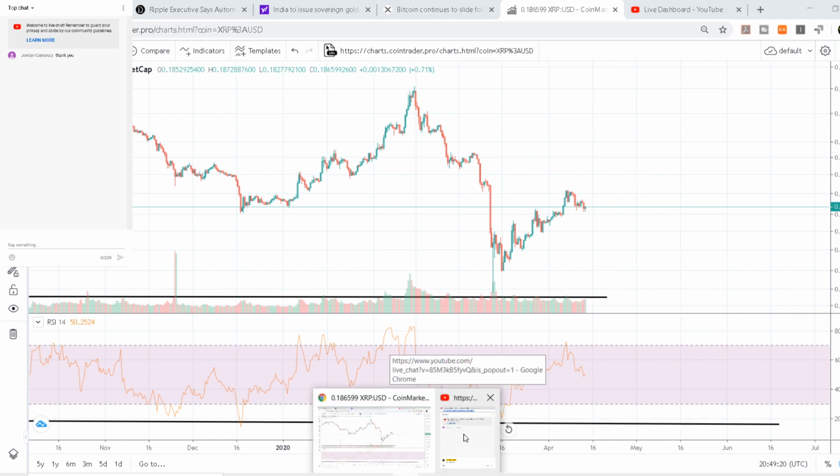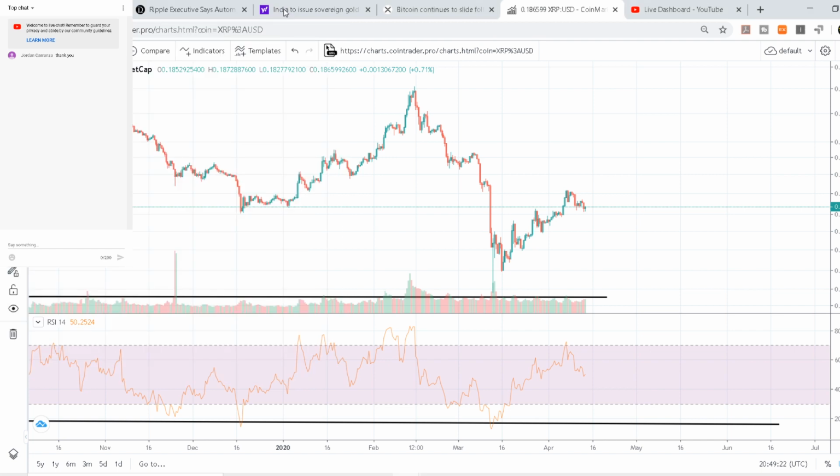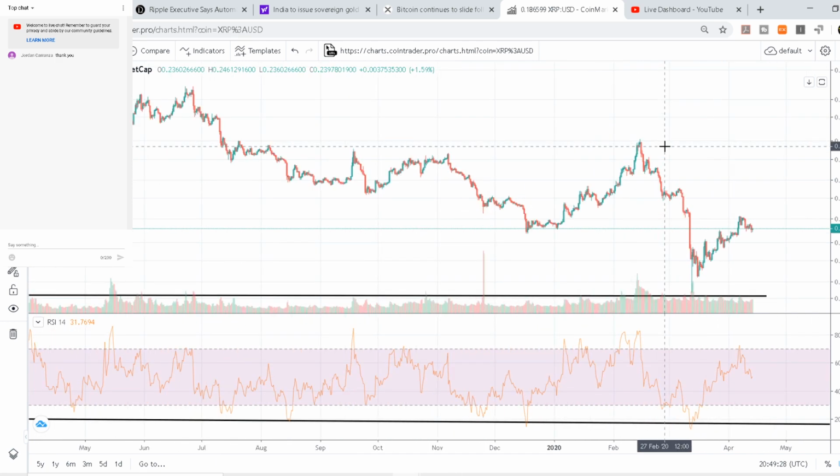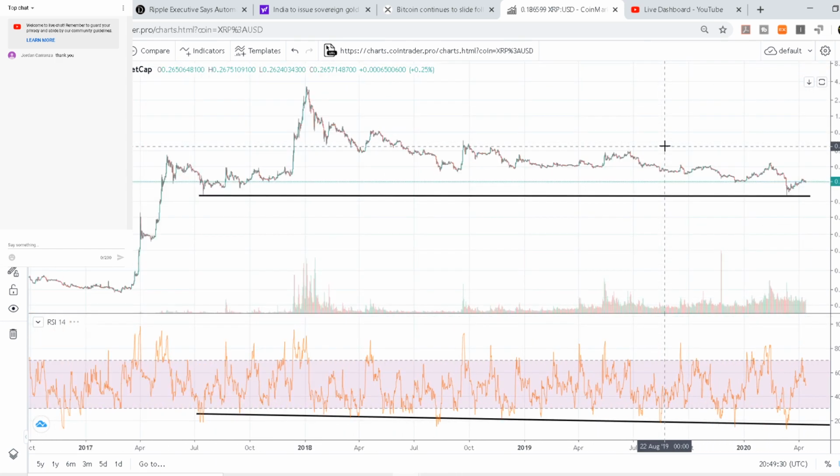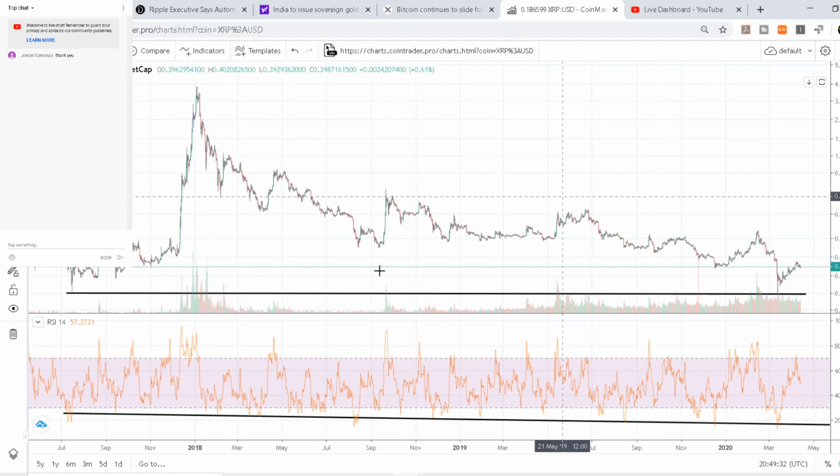So yeah, what I can do with this is I'll minimize this so there is no interruption with the charts. Okay, so this is XRP on a 12-hour time frame. When we zoom out, what we see is this one.